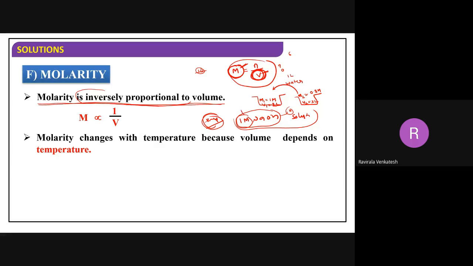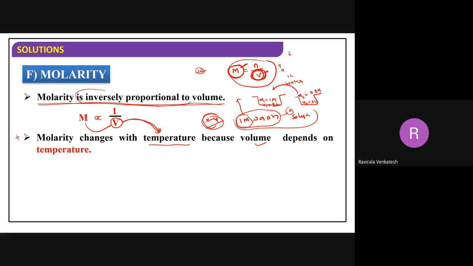Then in that case, molarity increases here. Understood? Molarity depends upon volume, and volume depends upon the temperature. So molarity changes with temperature because volume depends on temperature.